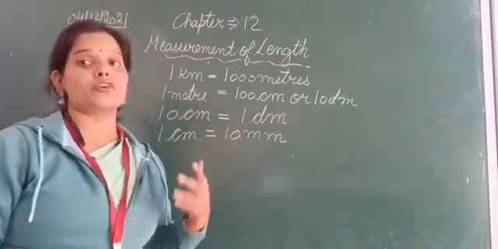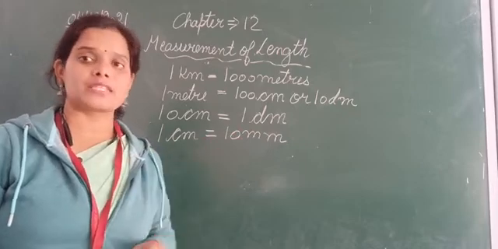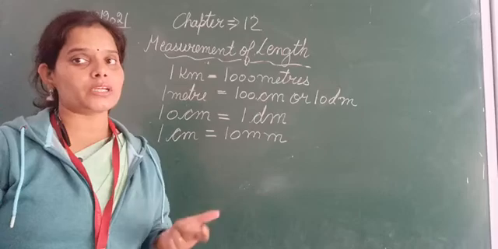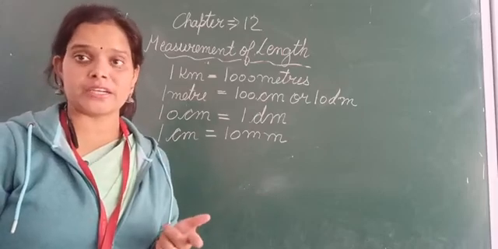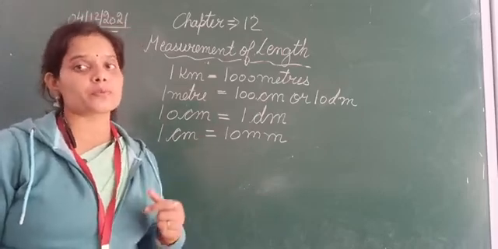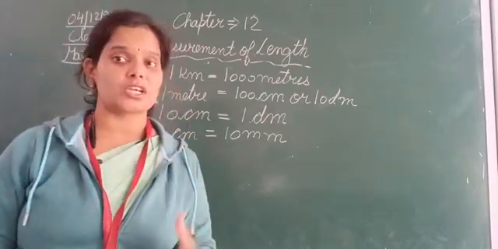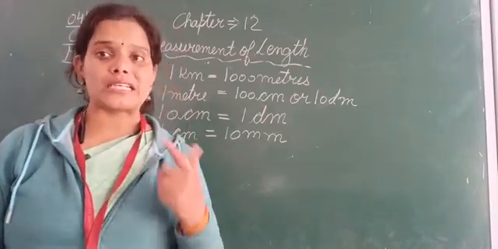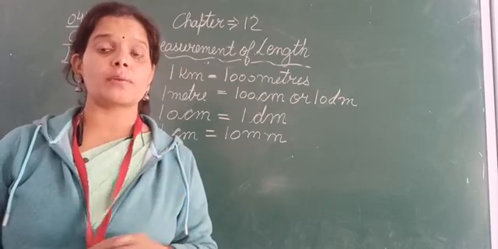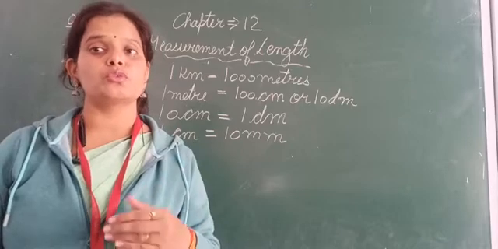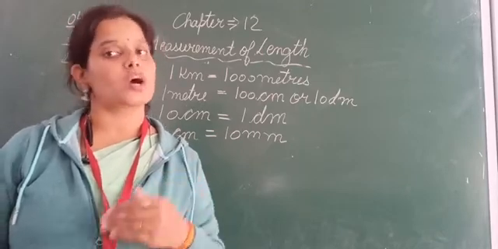Other than that, if you want to measure the length of a pencil, we will measure it in centimeter. So every unit is used for measuring different things, depending upon the thing that you are measuring. We are going to discuss the various units in this chapter, so that you know which unit to use for measuring the various objects.